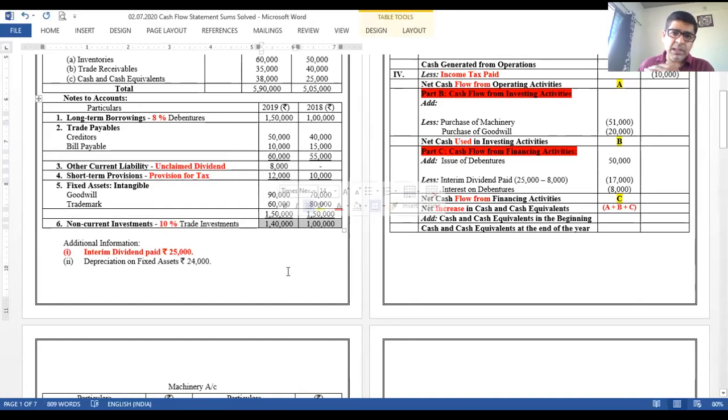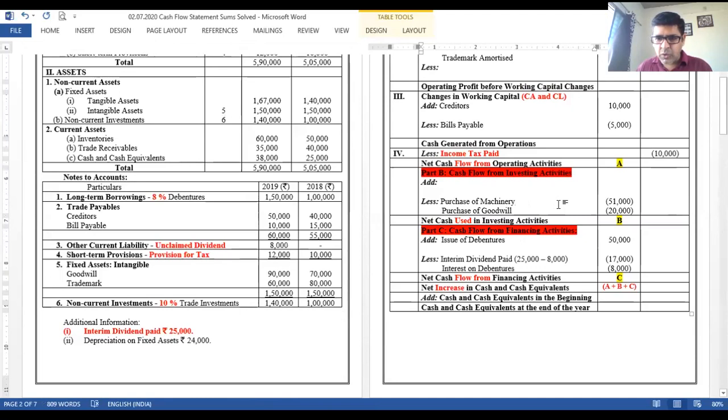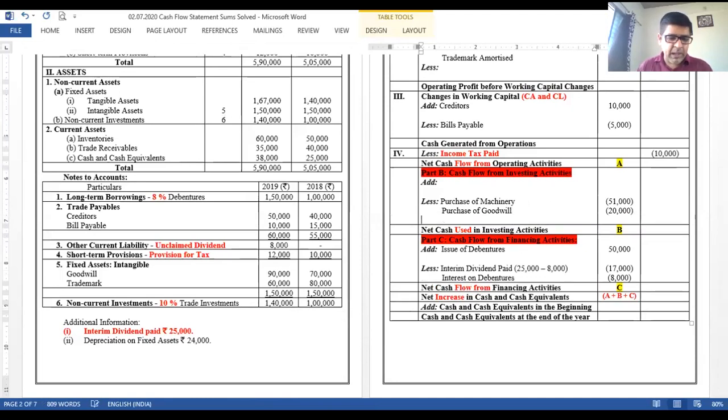That means the investment has increased. Increase in investment shows the purchase of investments. When you talk about purchase of investments, it again has to go to investing activity, and by way of deduction, I'll have to put it over there as purchase of 10% trade investments. Amount can be seen as rupees 40,000.